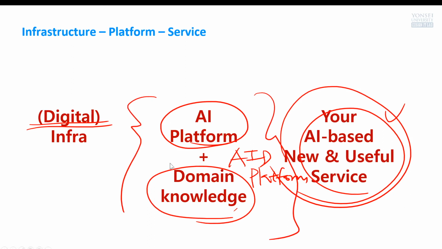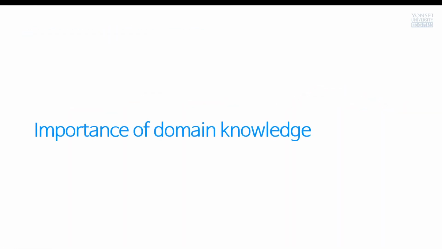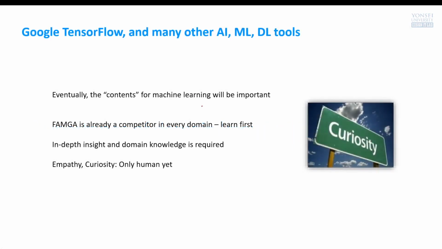Actually, I told you again and again the importance of domain knowledge. Again, the importance of domain knowledge. Eventually, the contents of machine learning will be important because we know that garbage in, garbage out.